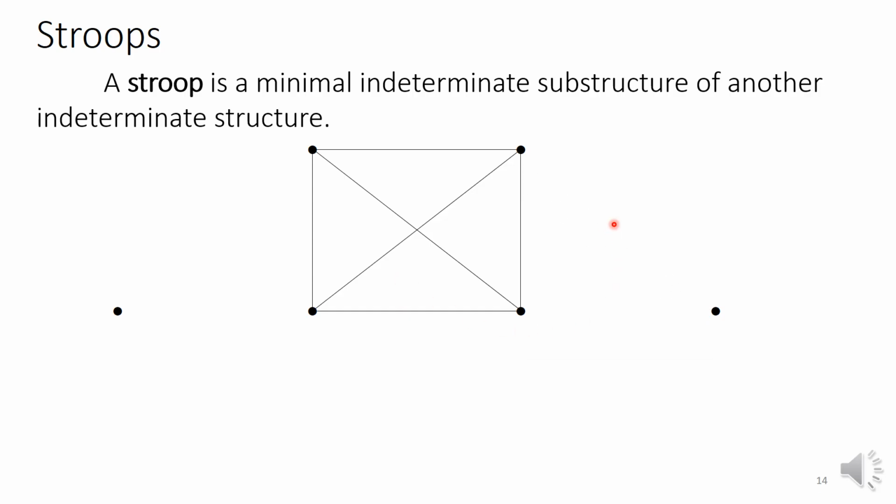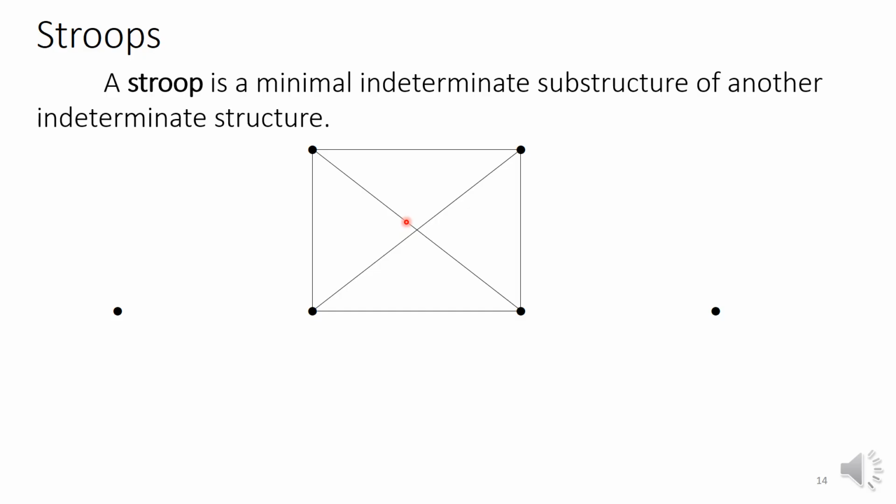We remove two more members here, and also this joint. It's not disappearing, but regarded as being absent. What we are left with is the structure with these 4 joints and 6 members. Now, if we were to remove any single member from this structure, we'll obtain a determinate structure.